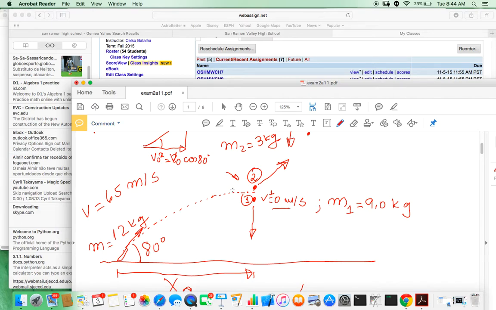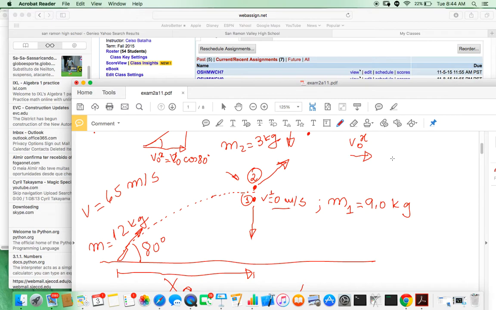And if you think clearly, before the explosion, you have a momentum, which is a particle at the top point moving to the right with a velocity which is V naught x, because the V naught x is the same all over the path, and it doesn't have a component in y.